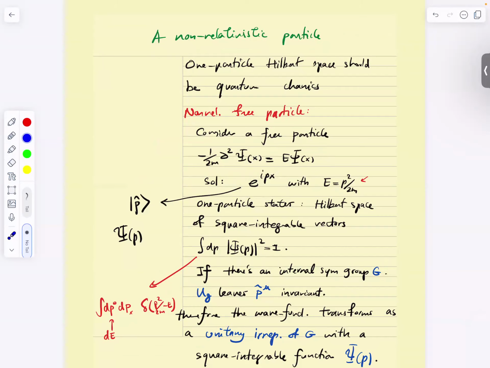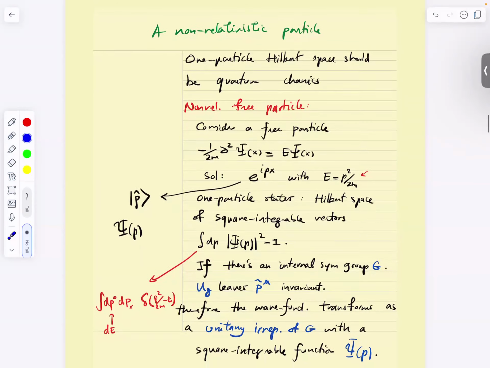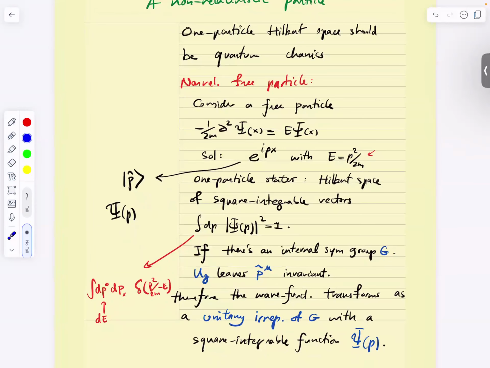You found these plane wave solutions, and your wave function was a square integrable function over those eigenkets. So that's what the one-particle Hilbert space was. You identify a bunch of eigenkets, and then you integrate over them with a square integrable function. Keep that in mind. We're going to use this to build representations of the Poincare group.